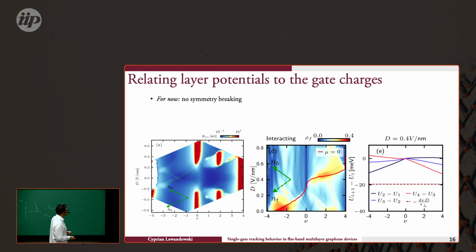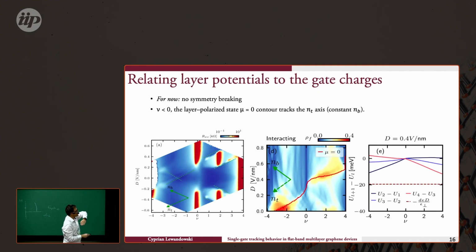What I find is that for the negative fillings, indeed the zero chemical potential, which is the surface state location, now is pinned to my top gate, and this is the surface state which is localized on the bottom device. The top gate is the one on the top, which means that this surface state is independent of the charges on my top gate.